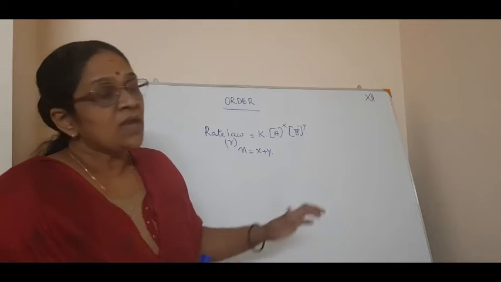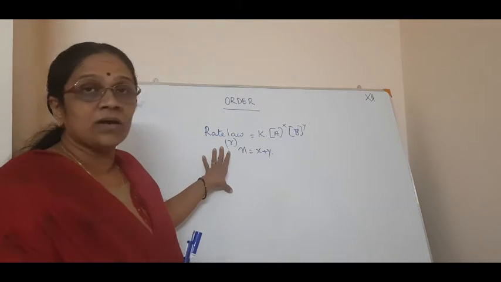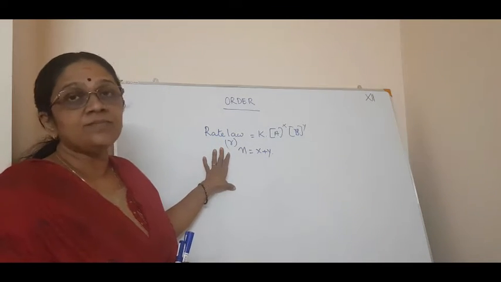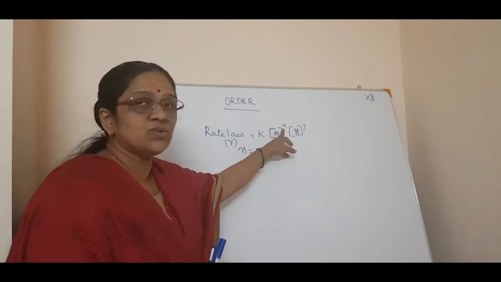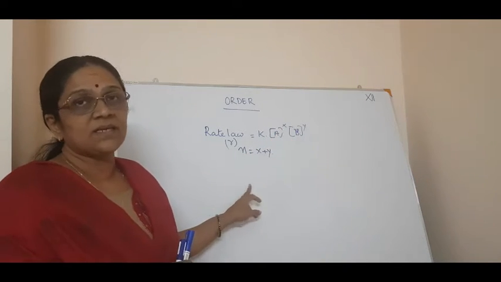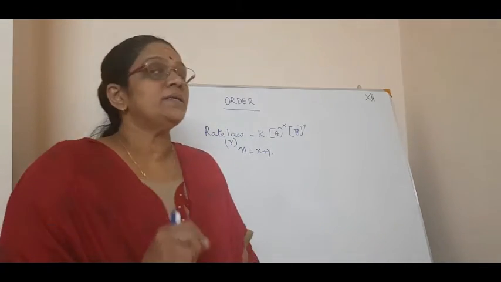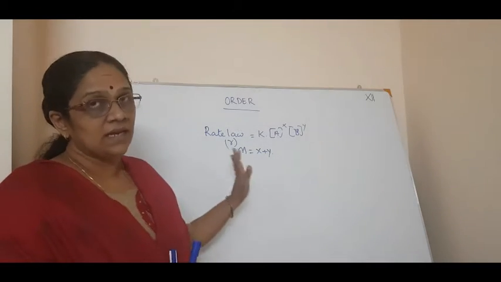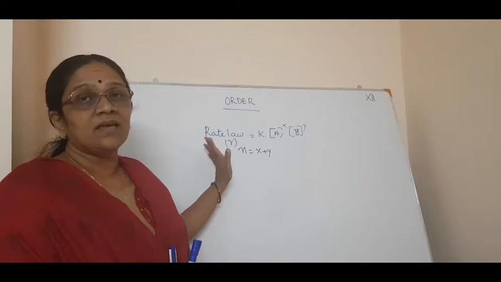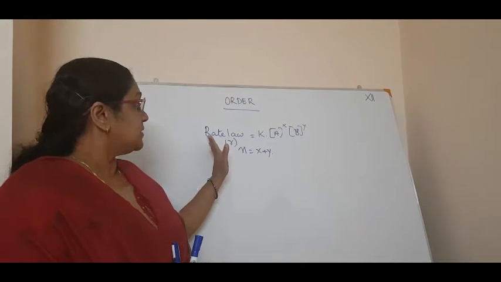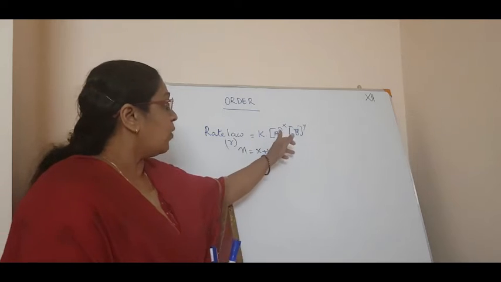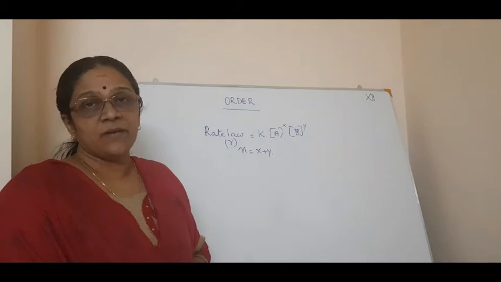Now, as the rate law can be determined experimentally, the order is also determined experimentally. That means order is an experimental quantity. Like the rate law equation, which can be seen only through experiment, the order is also an experimental quantity.